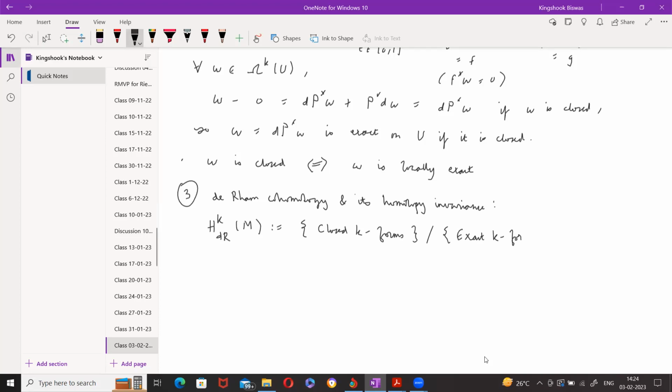Okay. So as we remarked above, the exact K-forms are contained inside the closed K-forms, right?